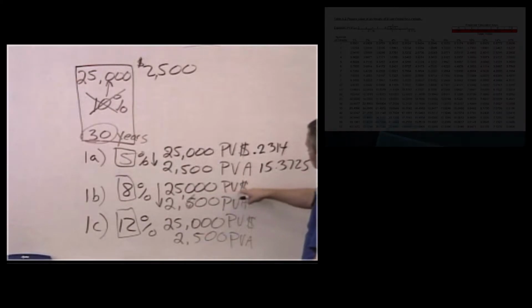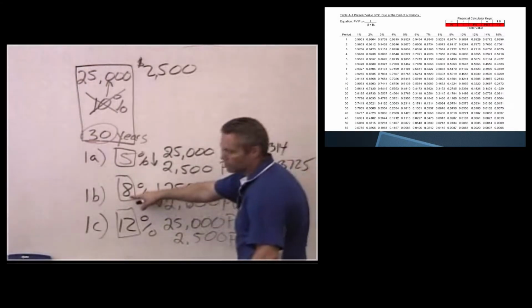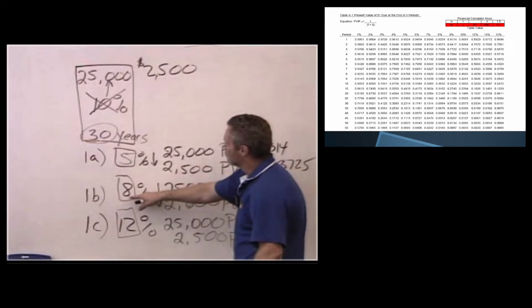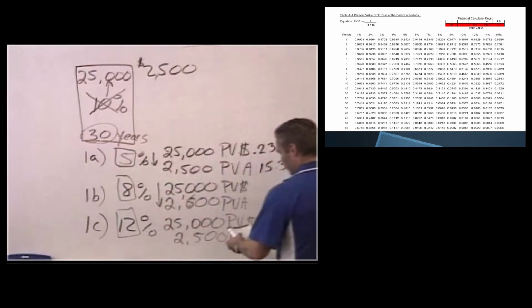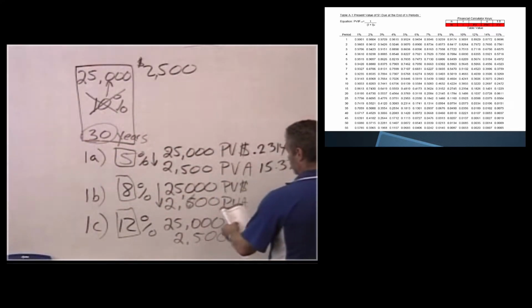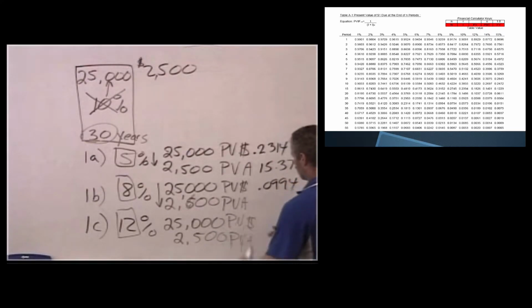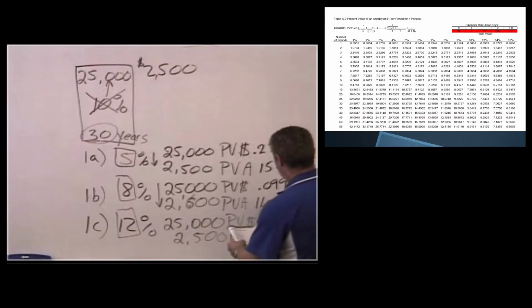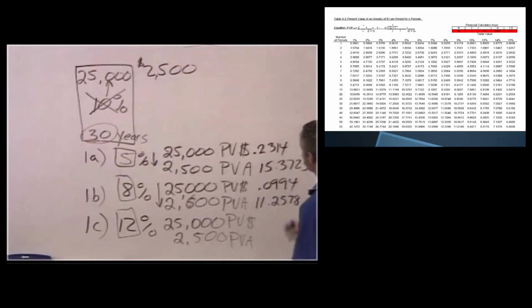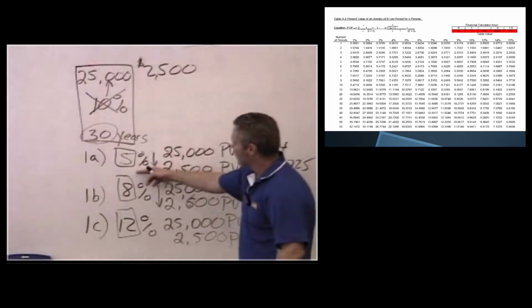25,000 times the present value of $1, using an interest rate of 8%, because that's the interest rate environment, and N of 30, gets us a factor of 0.0994, and present value of an annuity, 11.2578. So as you can see here, interest rates are going up.